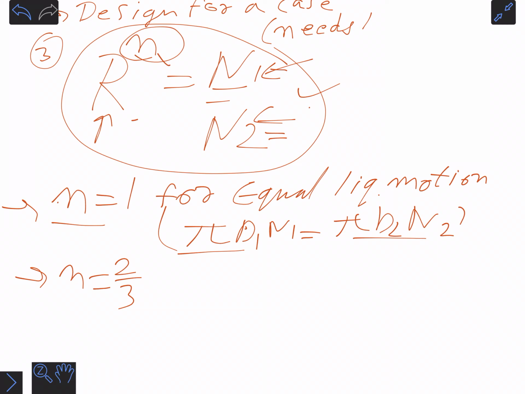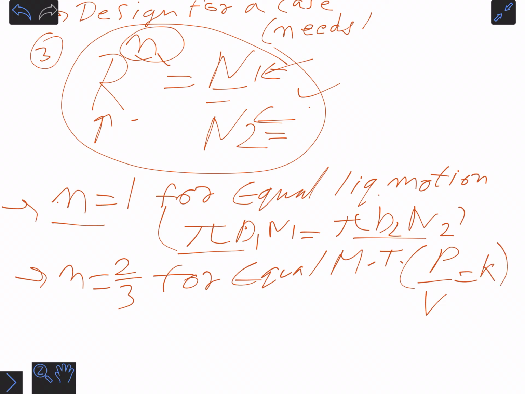Now the second case is n equal to 2 by 3, for equal mass transfer. When we require mass transfer rates to be equal, it implies P by V, power per unit volume, is equal to constant.